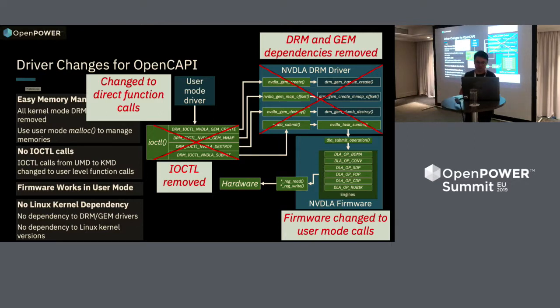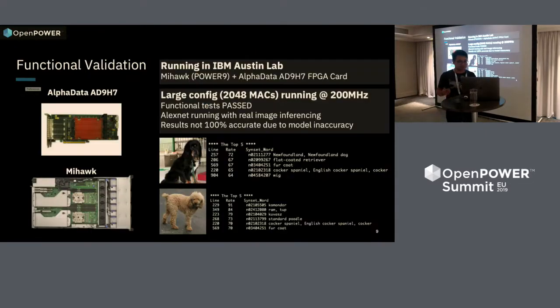Okay, and then this is the result. Right now we are running the whole project in the Austin Lab, and as I have said, we are running it with the AD9H7 Alpha Data card.